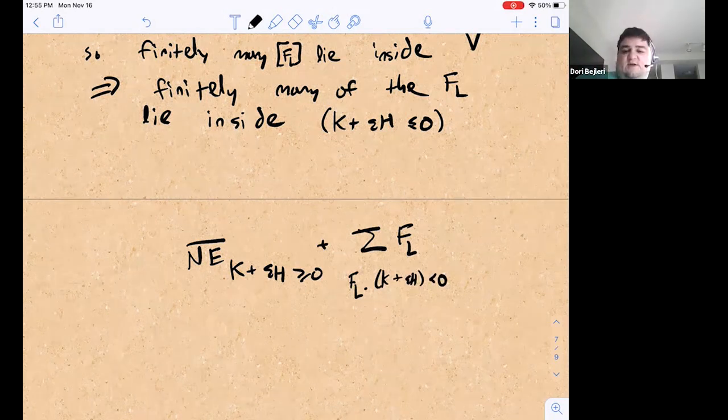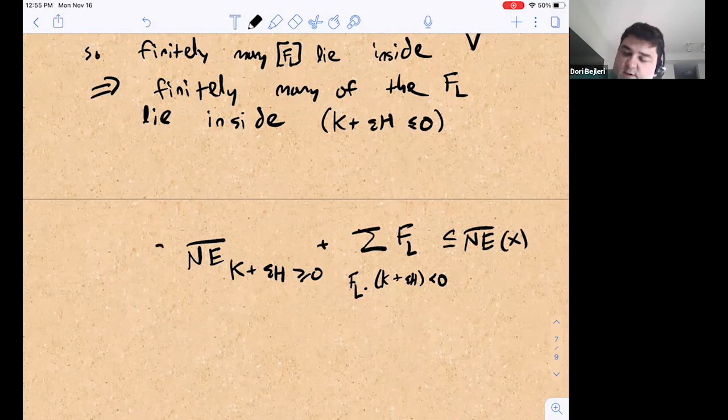So now we have this finite sum. Whatever this is, it's contained in the effective cone, but it also contains kind of the sum over all of these one-dimensional rays.